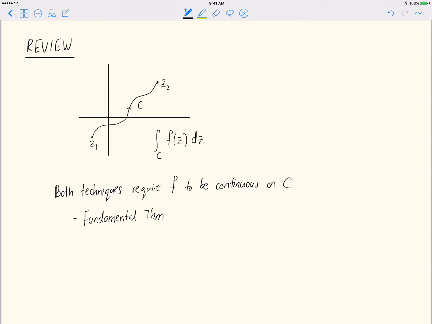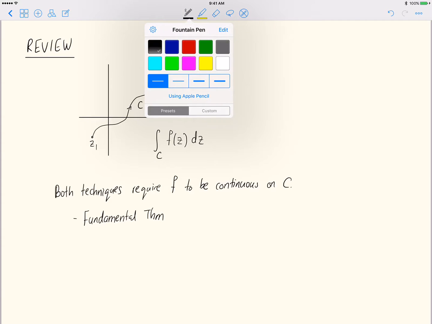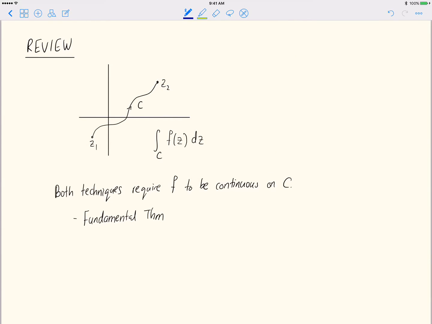What this one says is that if f has an antiderivative, I'll call it big F, which is analytic in a domain D containing C.